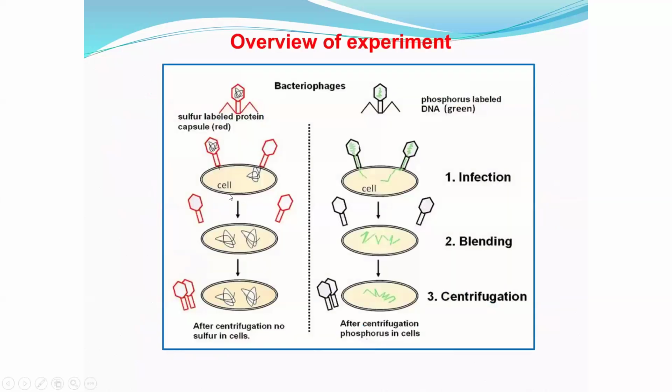Here, the sulfur-labeled protein capsule: after centrifugation, no sulfur in the cell. Whereas with phosphorus-labeled DNA, after infection, blending and centrifugation, phosphorus is found in the cells. Radioactive phosphorus is identified.